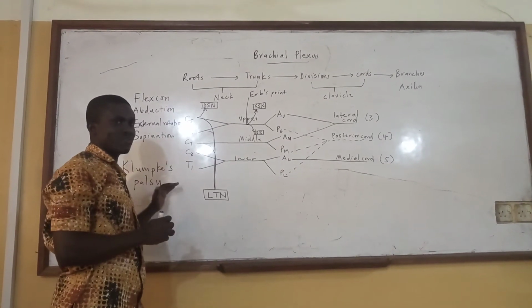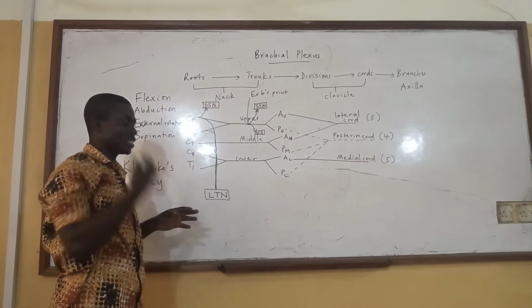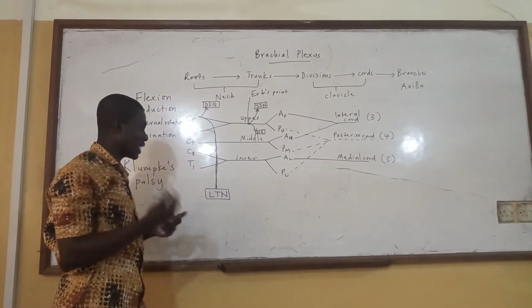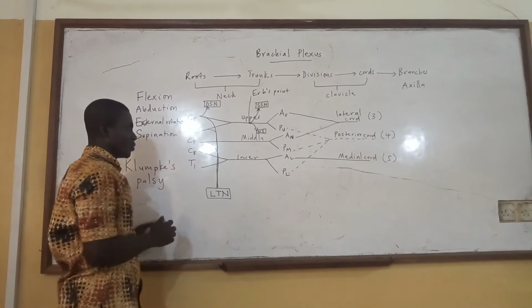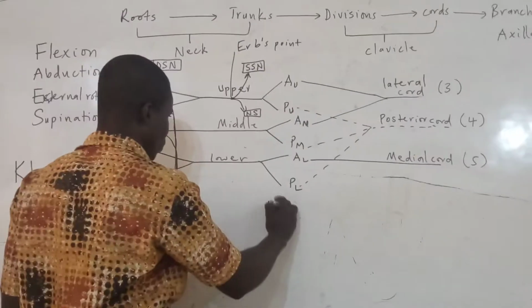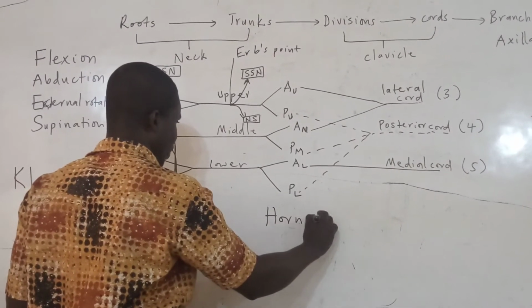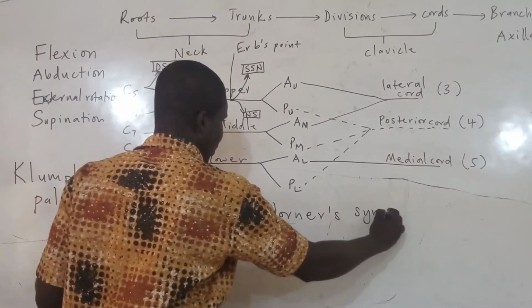Now, if it affects the sympathetic fibers of the cervical chain, what happens is that it results in Horner's syndrome.